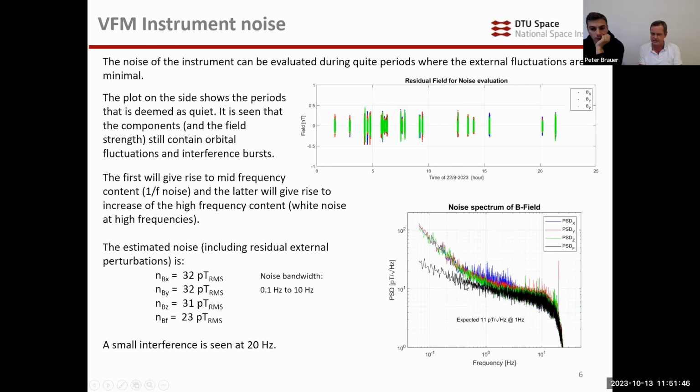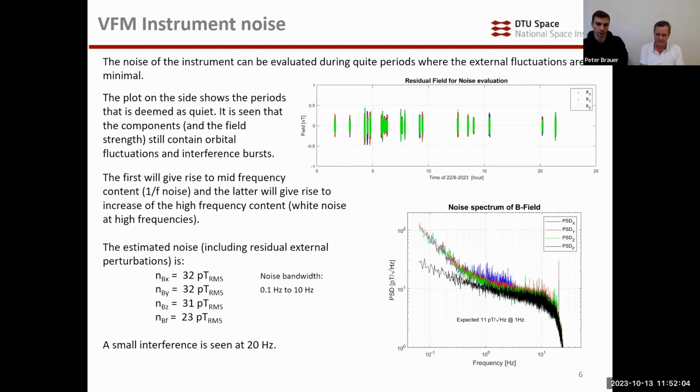And that is exactly the same as we have on Swarm. At the lower frequencies, we have a slightly higher increase, but that is due to the natural variations and fluctuations in the field.